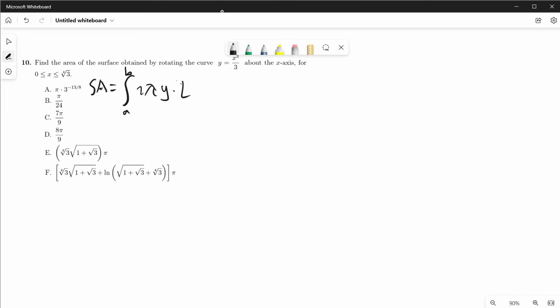The arc length is like the arc length equation. That's how I usually remember it. So the square root of 1 plus dy/dx squared, and all that is dx. It's not necessarily the arc length because the arc length has some integrals in it too. But generally, that's the equation we're going to use.